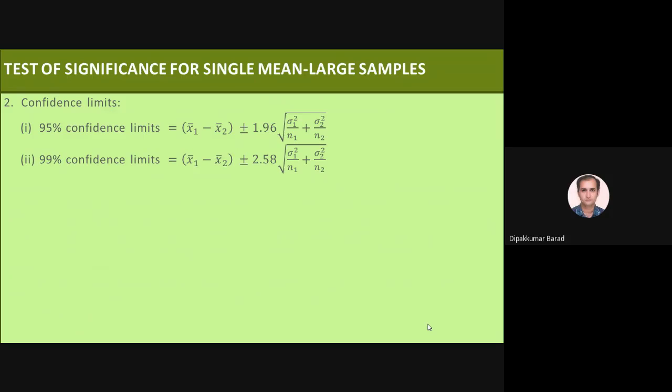And 99% confidence limits, x1 bar minus x2 bar plus or minus 2.58 under root sigma 1 square upon n1 plus sigma 2 square upon n2. And if sigma 1 and sigma 2 are not known, then we use s1 and s2, the sample standard deviations.